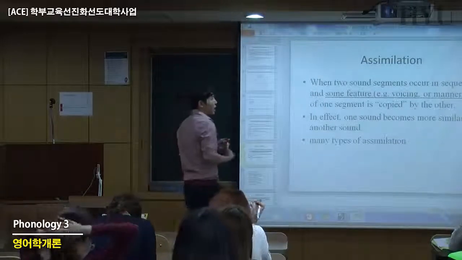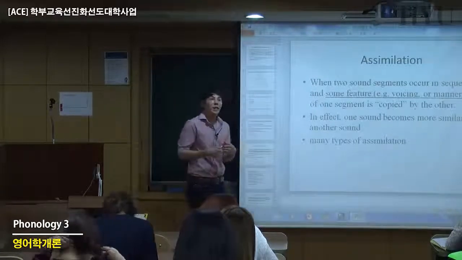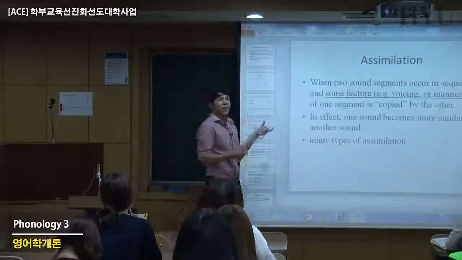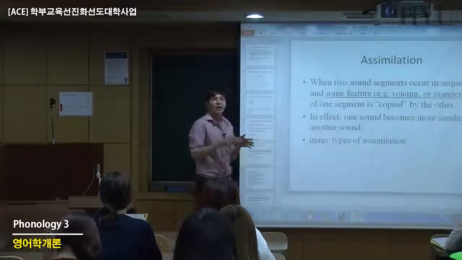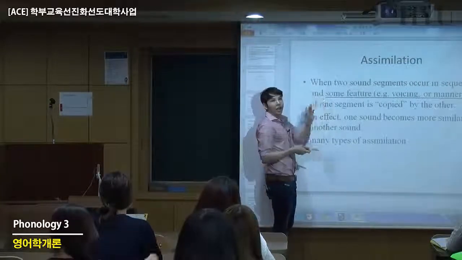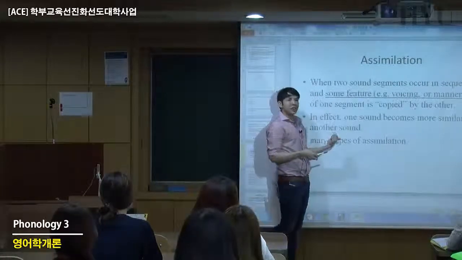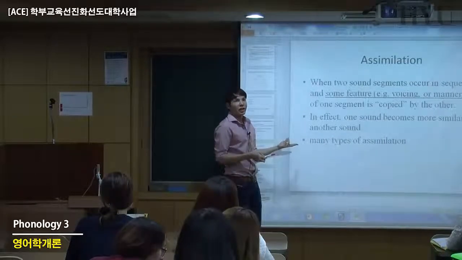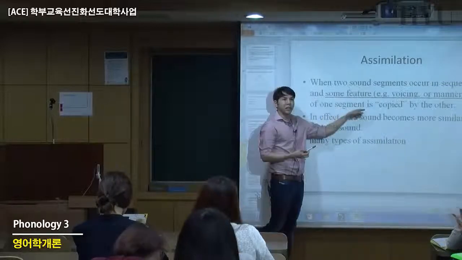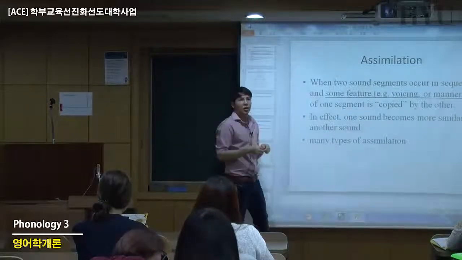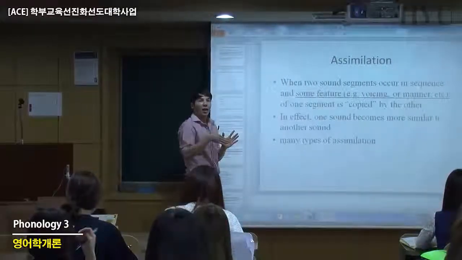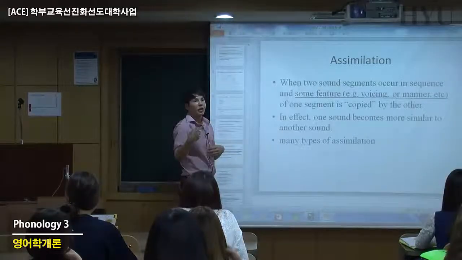The first process that we'll talk about is the process of assimilation, okay? The process of assimilation happens when two sounds occur in sequence, meaning next to each other. Some feature, anything, could be voicing, manner, or place of articulation, any feature at all that you have already studied, is copied by the other sound. So one sound will become similar to the neighboring sound.